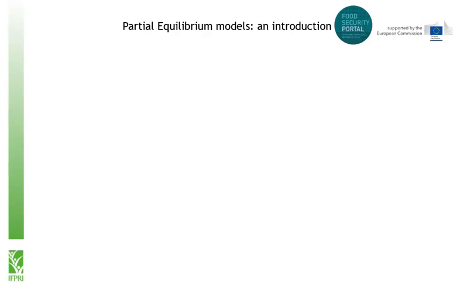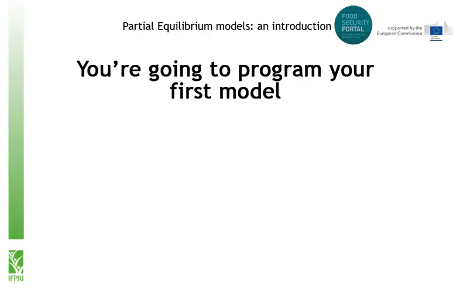Okay, so right now we are going to program the first model. This is the model that we have just exposed, and I would like to start with an explanation of the structure of a program. In a GAMS file, there is a specific order of instructions. But of course, you have to work first on the model.